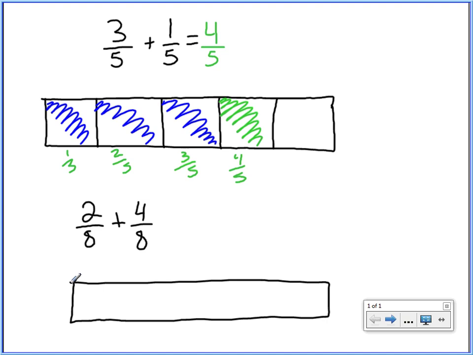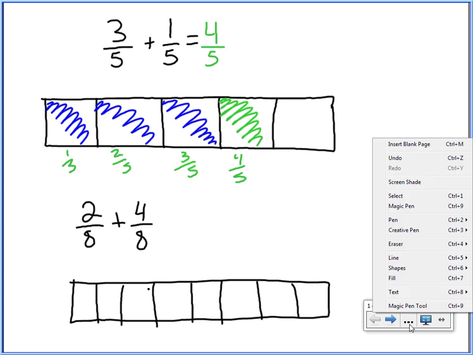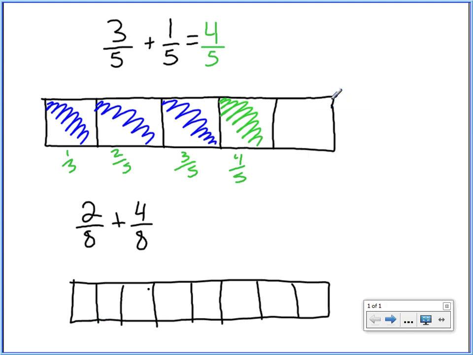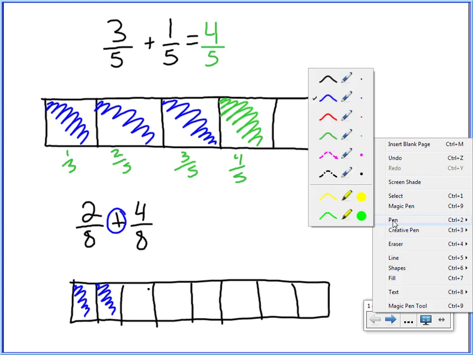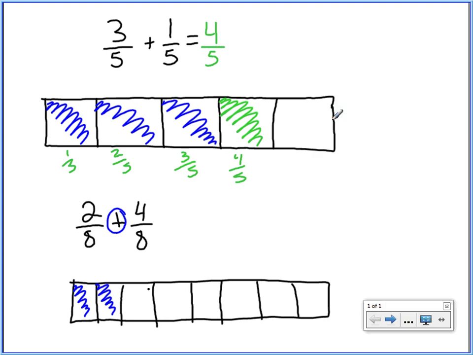And I'm going to cut this one into eighths because my denominator is 8. I'm going to change pen color here. All right, I'm going to color in 2/8. And I am adding 4/8 to that. So I'm going to get another color. And I'm going to add 4/8.